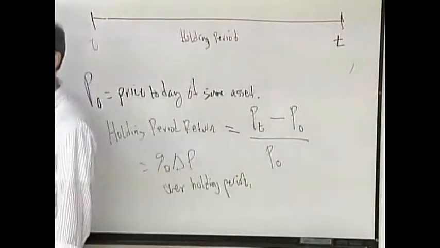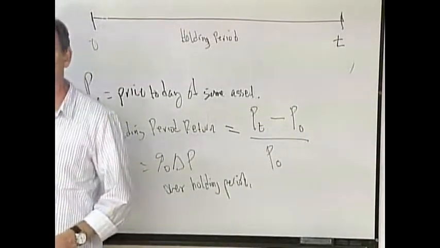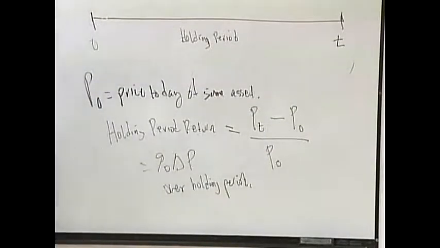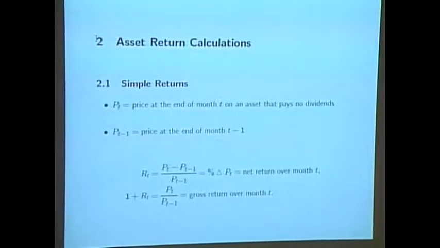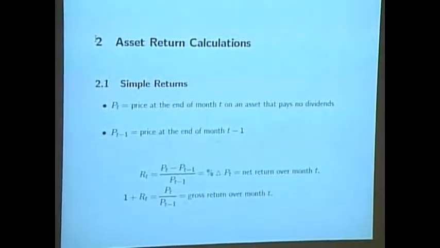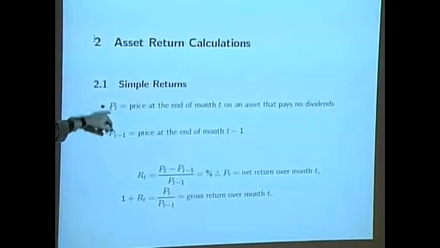So the default holding period for the notes and going forward is going to be 1 month. All right? And so the notation is going to be P of T is the price at the end of month T on an asset that doesn't pay any dividends. Okay, so think of a stock that doesn't pay a dividend. And P sub T is the price at the end of the month.